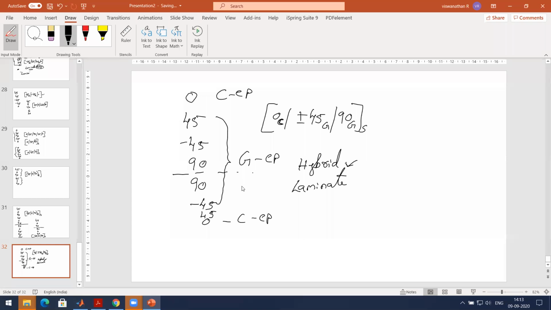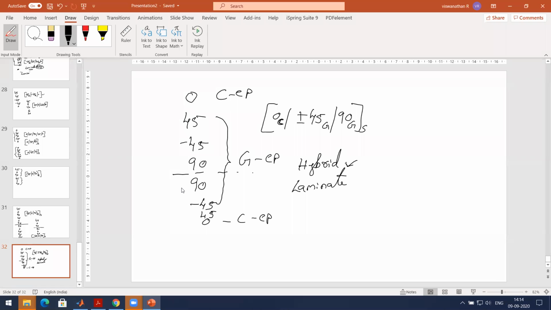Usually the fiber would be the same, but sometimes in a hybrid laminate you have two different fibers. When do you go for two different fibers? For example, carbon is costly and you want to reduce the cost, so you add some glass fibers.